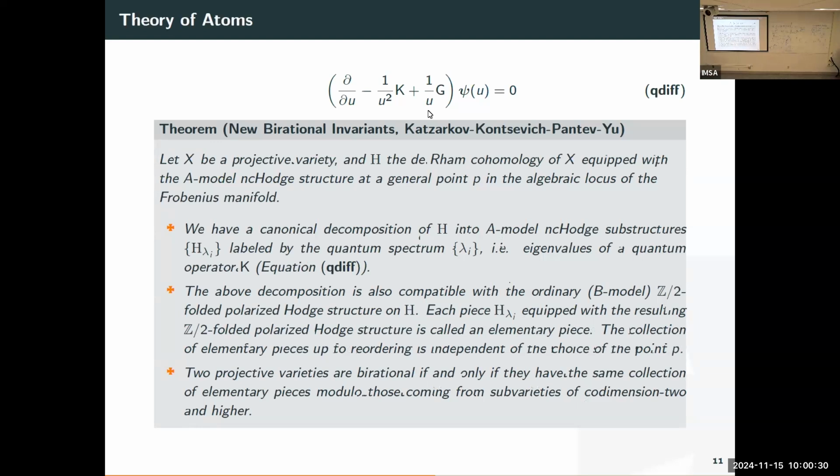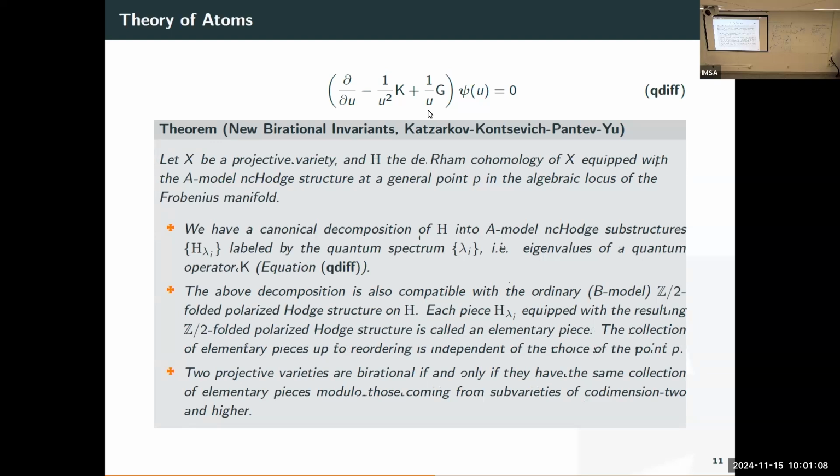The claim is that for a generic point of the Frobenius manifold, we use the eigenvalues of this quantum differential equation, the singularities of this D-module, and that gives you a canonical splitting, modulo contributions of codimension 2 and higher subvarieties, of our de Rham homologies, which happen to be birational invariants.